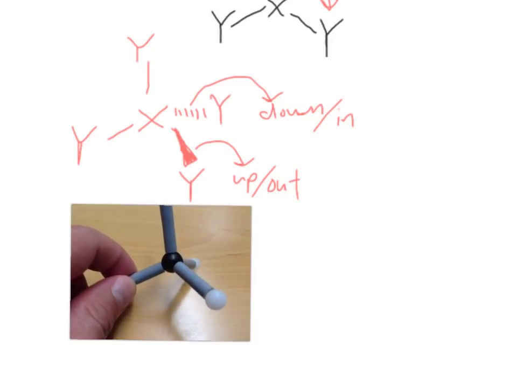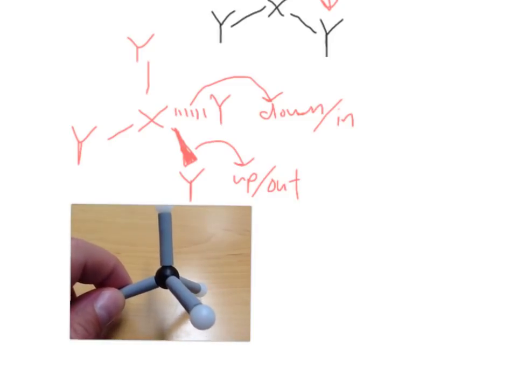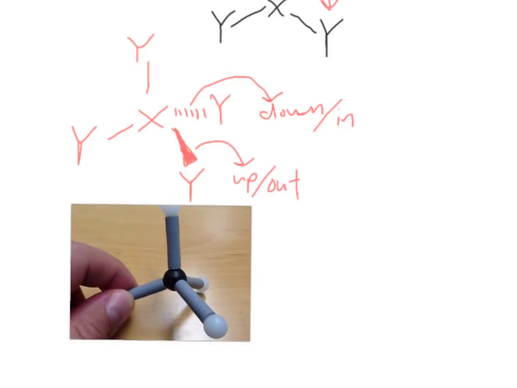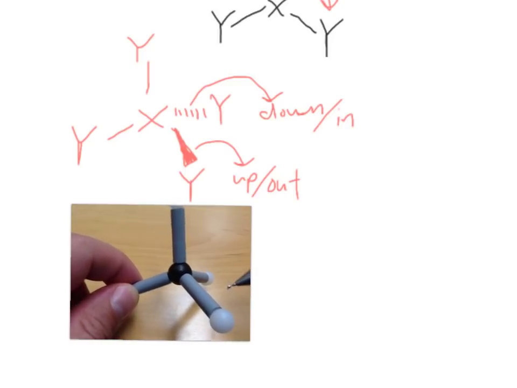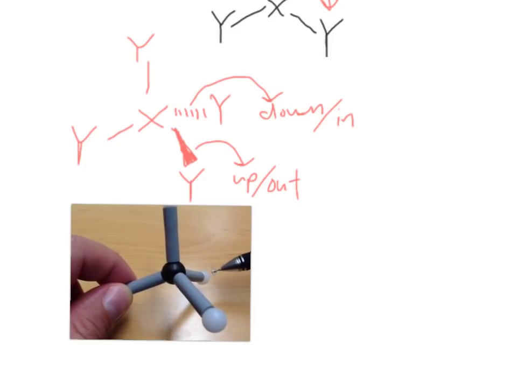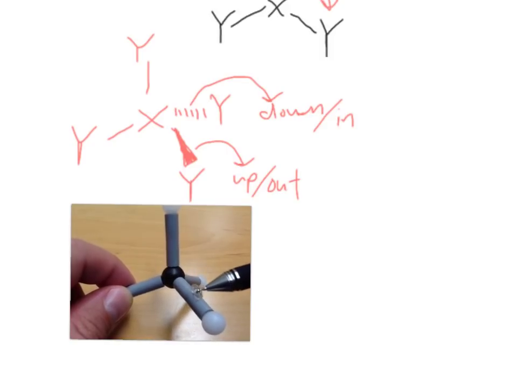If I hold the model like so, this bond is the dash going down away from your eye. This bond is the wedge coming out at your eye.